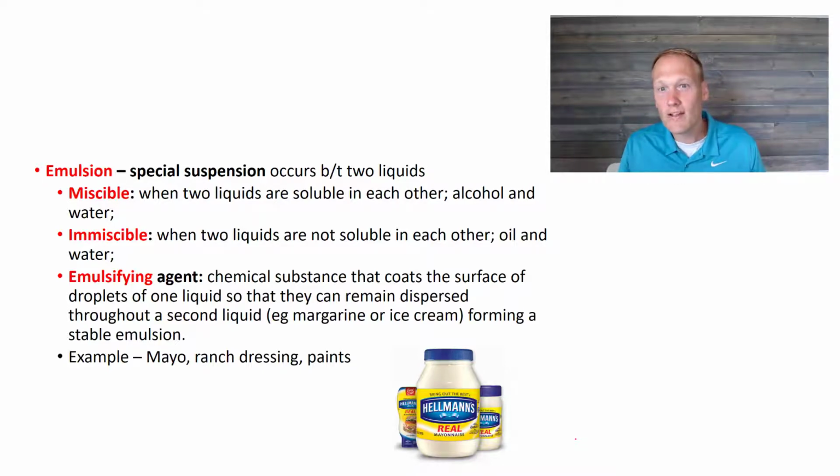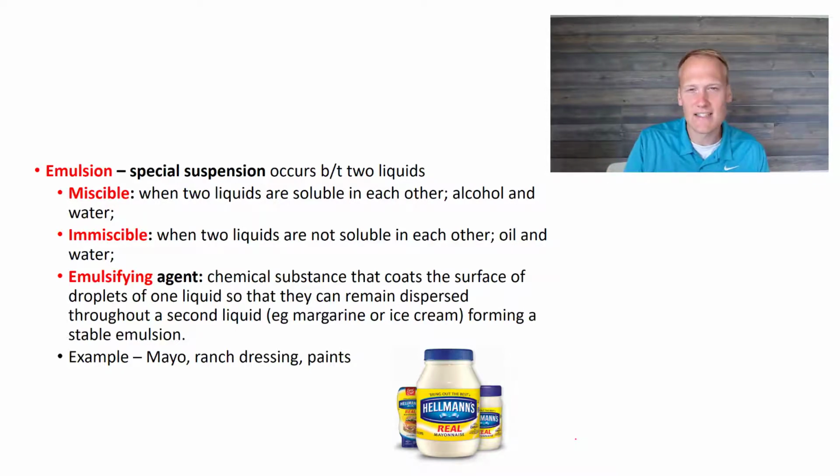So oil and water are typically 2 agents in cooking or in condiments that are often present. And so a lot of times we want those things, that oil and water, to mix together even though they're immiscible. So what we do is we add something like an emulsifying agent. Egg yolk is an emulsifying agent for oil and water. An emulsifying agent has a polar end and a non-polar end.